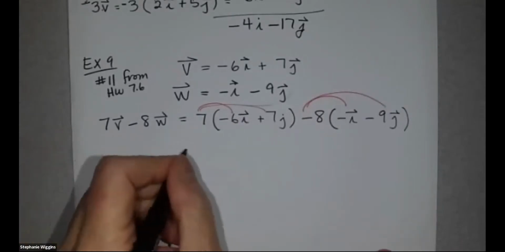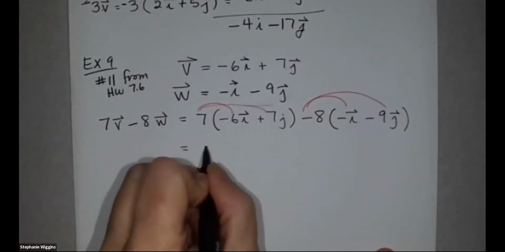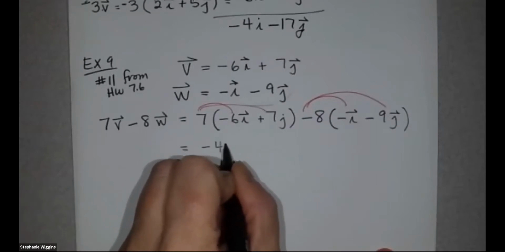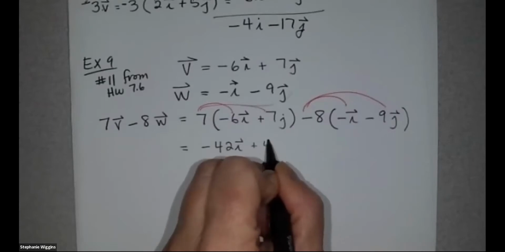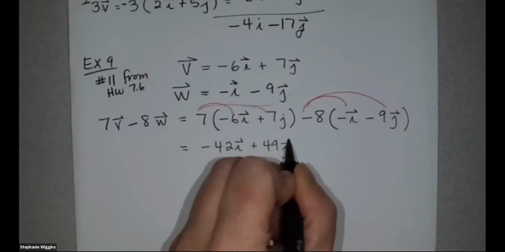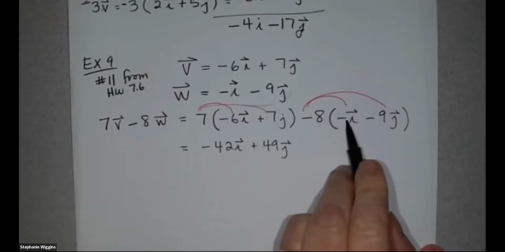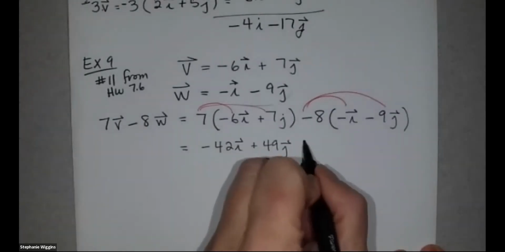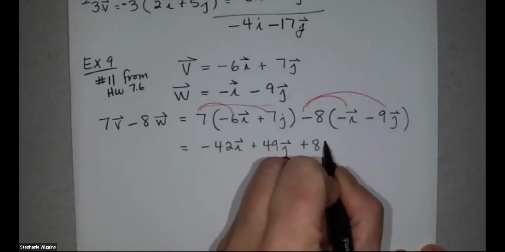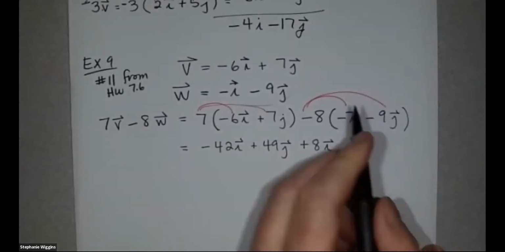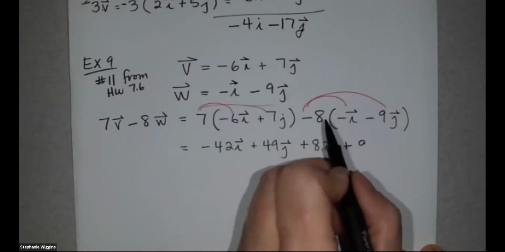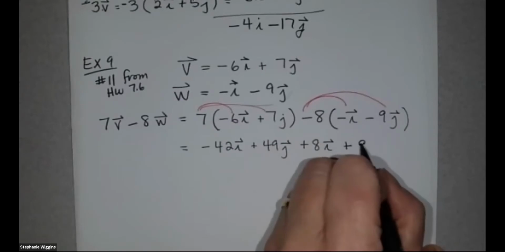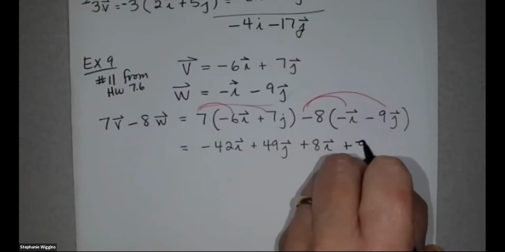this is going to be negative 42i plus 49j. Then we have negative 8 times a negative i is going to be plus 8i, and then also a double negative again, plus 72j, because negative 9 times negative 8 is 72.